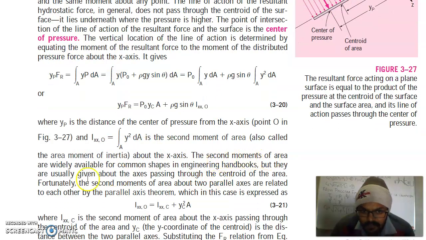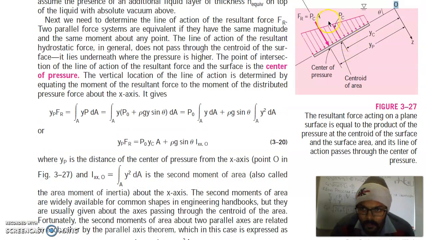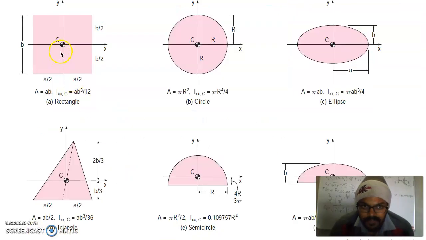The second moments of area are widely available for common shapes in engineering handbooks, but they are usually given about the axis passing through the centroid of the area. For different shapes we have already calculated the moment of inertia: this is the centroid of a plate, this is the centroid of a circle, of an ellipse, of a triangle.